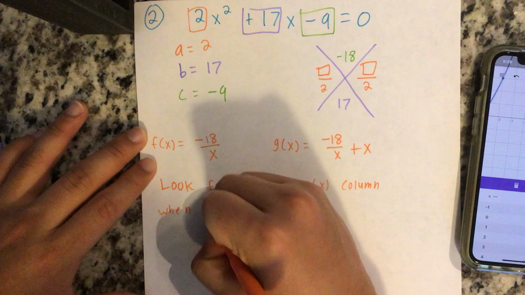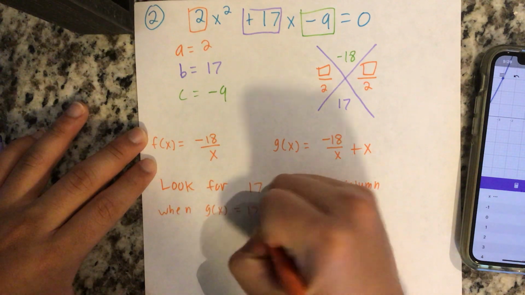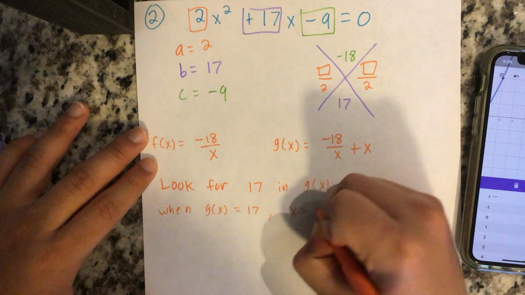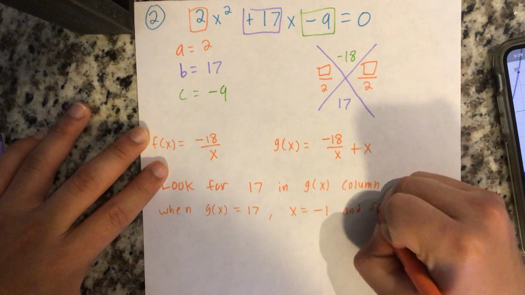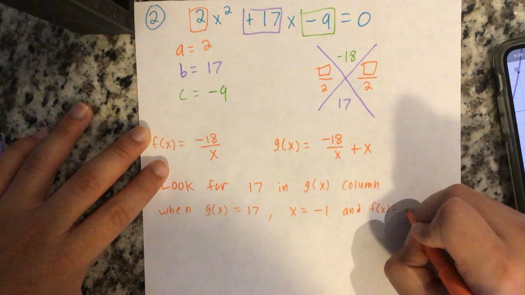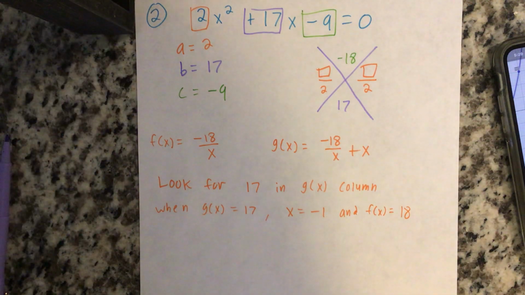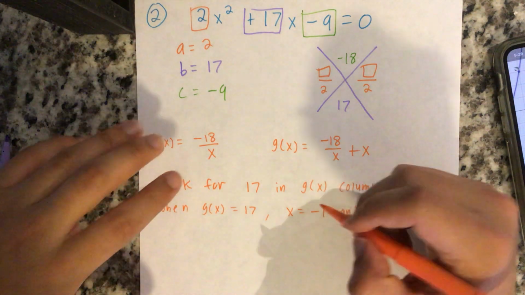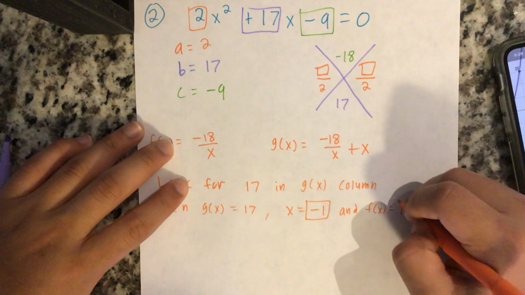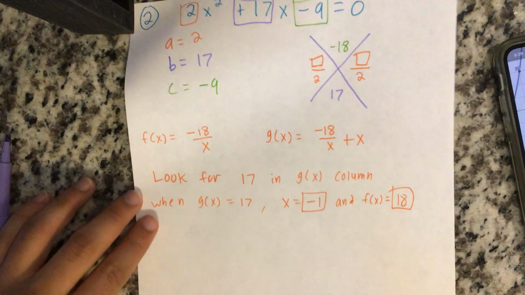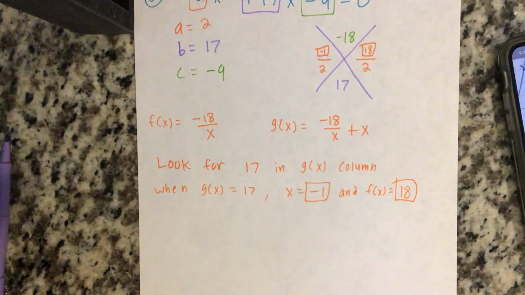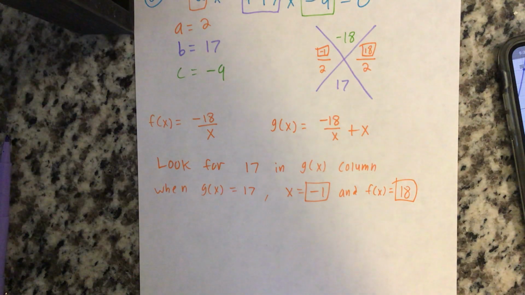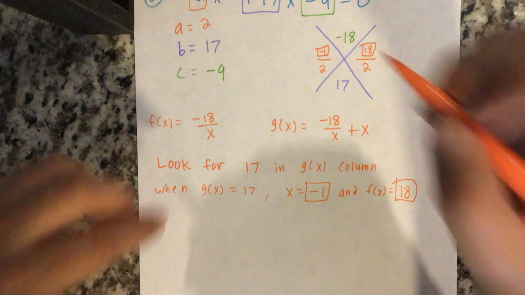When g of x equals 17, x equals negative 1, and f of x equals 18. Just like we've been doing, boom, negative 1, boom, 18. So I'm going to put negative 1 up here, put 18 up here. Now, we got to do some reducing and dividing and all that good stuff.